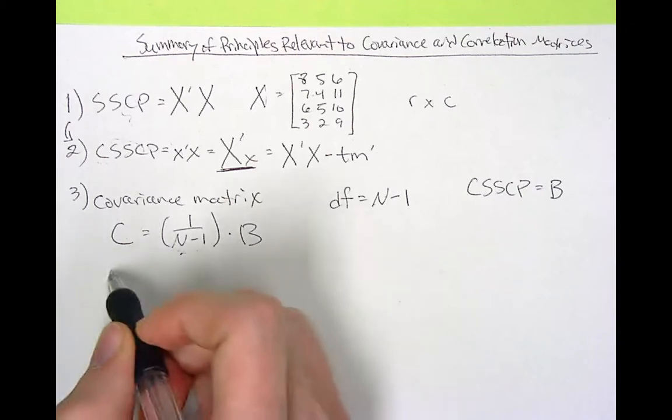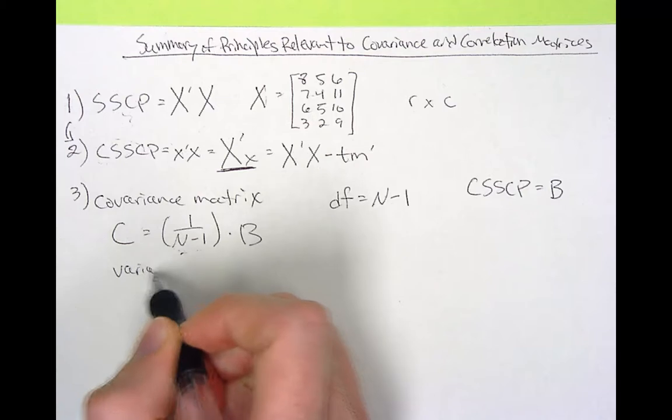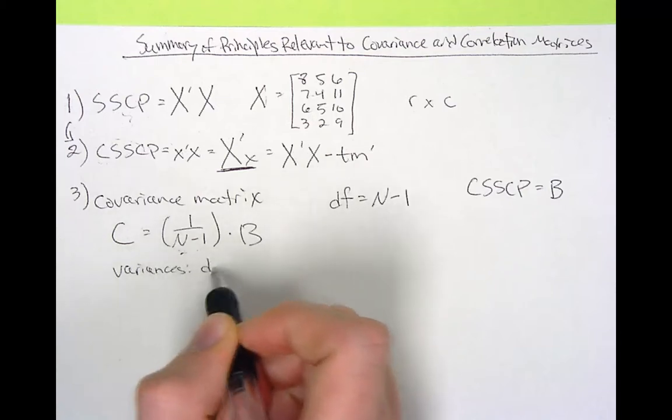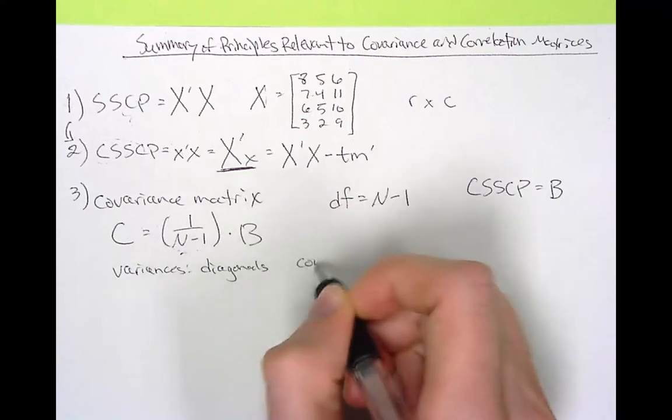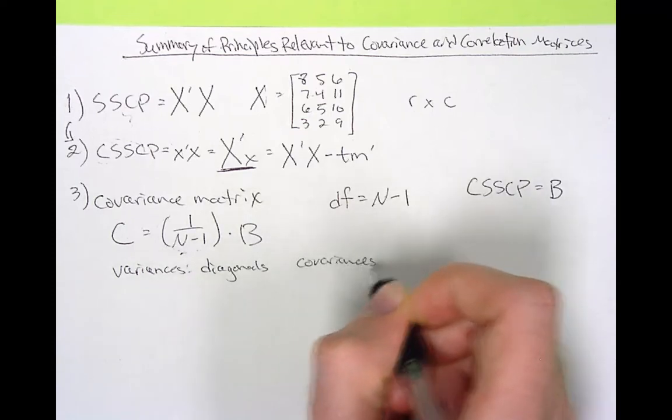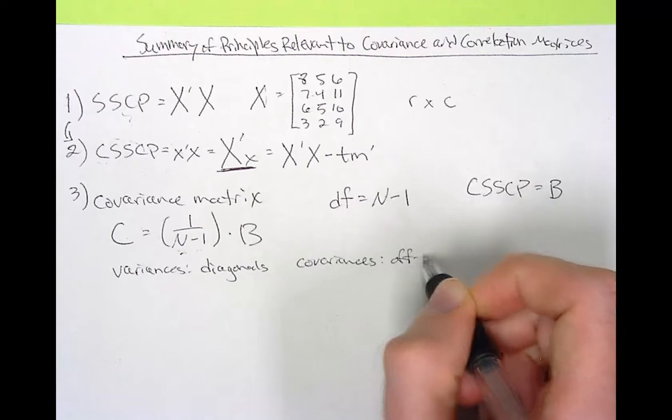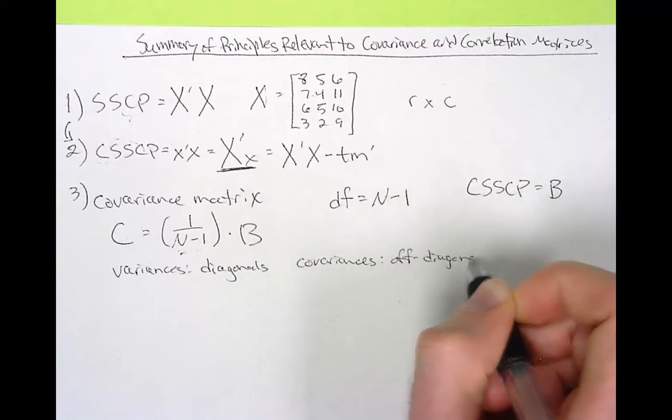Don't forget that variances are on the diagonals and covariances are on the off diagonals.